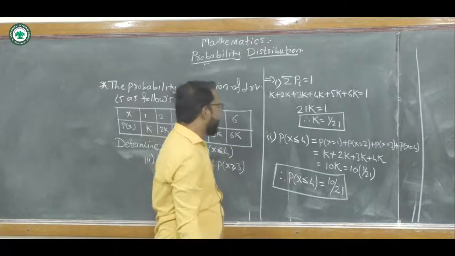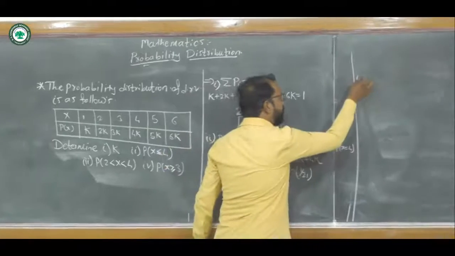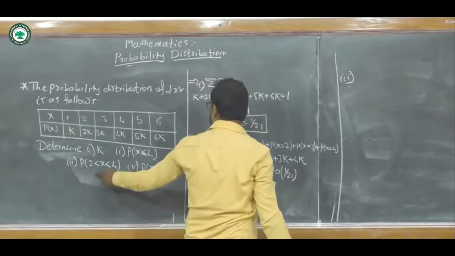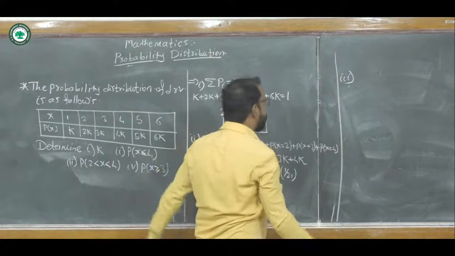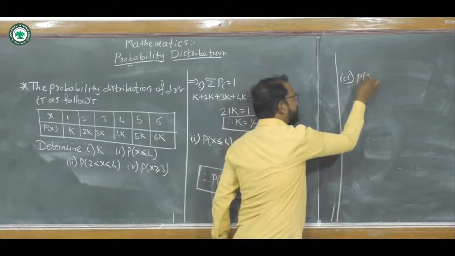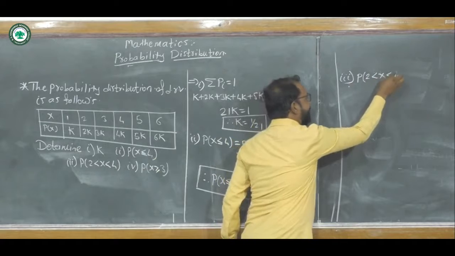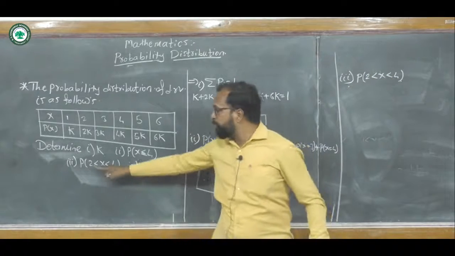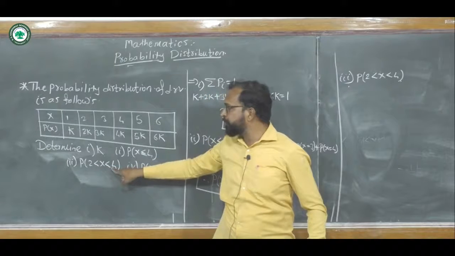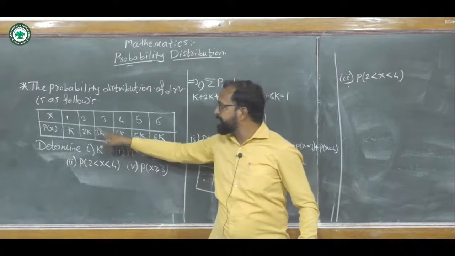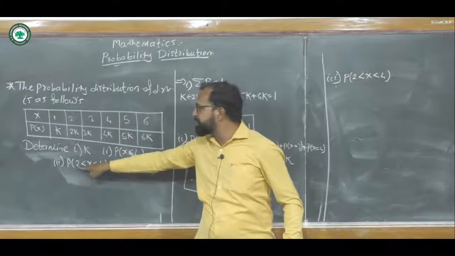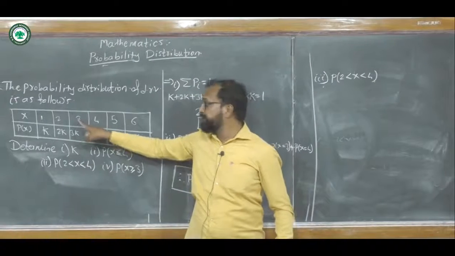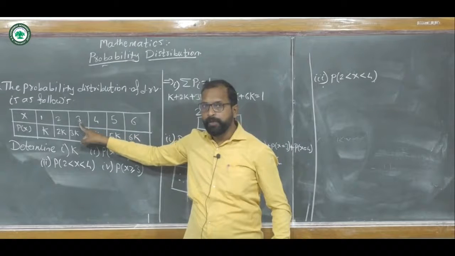Now the next sub question, question number 3, in which we have to find the probability that 2 is less than x is less than 4. From the table it is clear that the only number which is greater than 2 and less than 4 is 3.